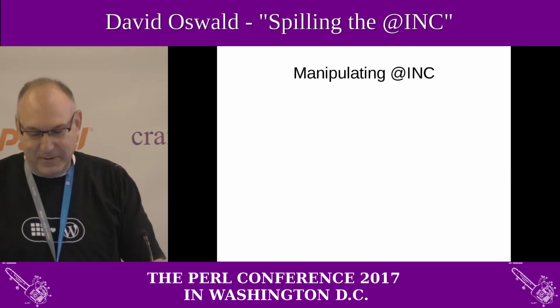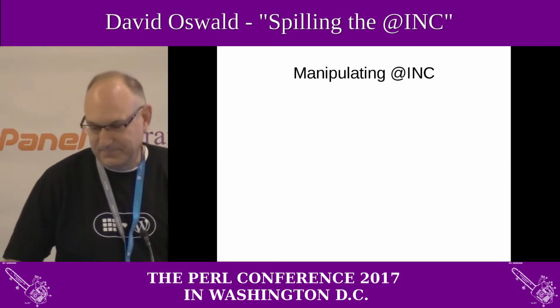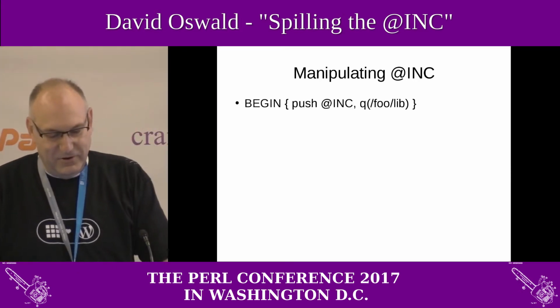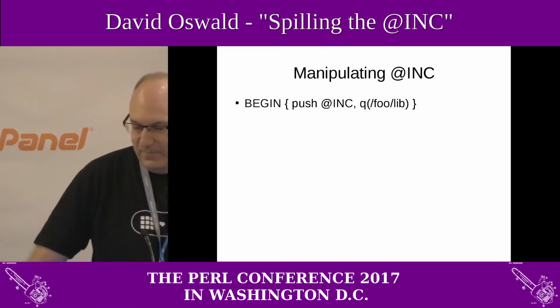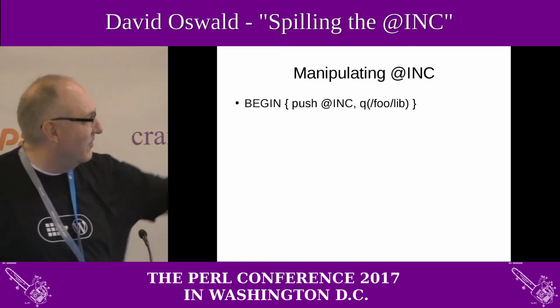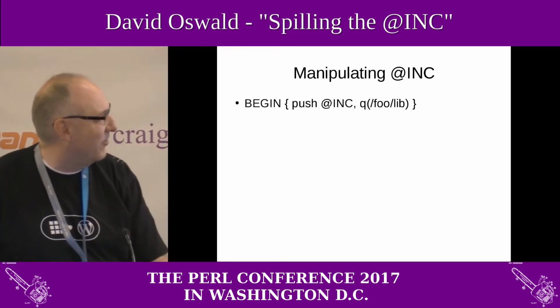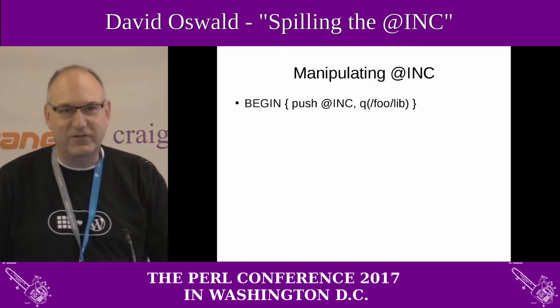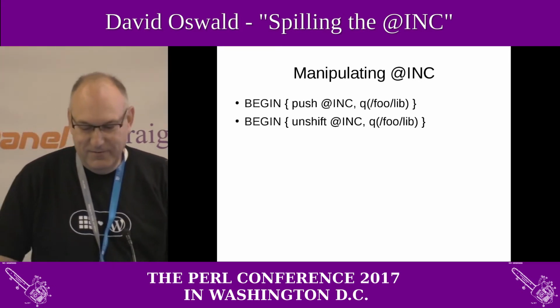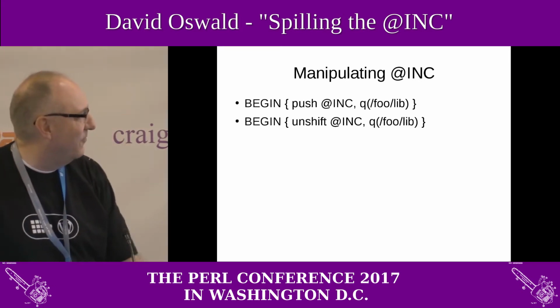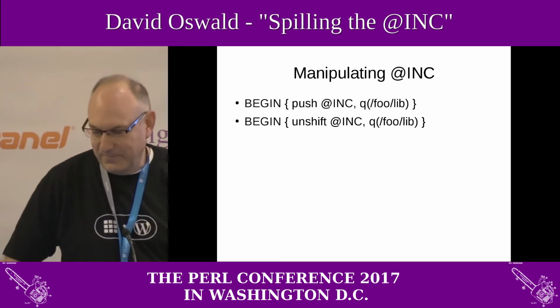So let's talk a little bit about manipulating @INC. You can push elements into @INC, which will make it so that Perl will look in this case in /foo/lib as the last place it looks for a module. Here we're telling it to put foo/lib as the first place that it looks for modules.